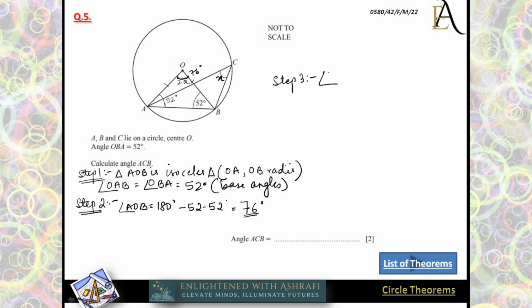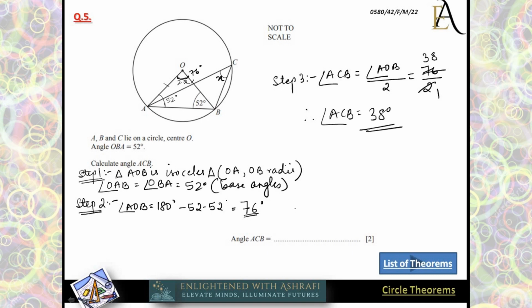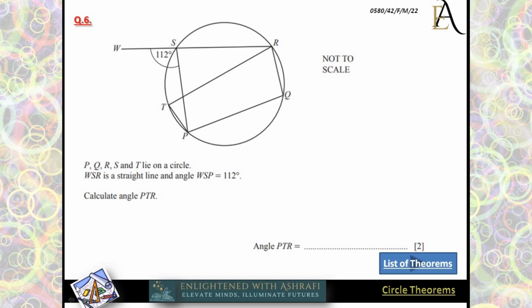So angle ACB is equal to, because it is going to be half of AOB, angle AOB divided by 2, which is 76 divided by 2. 2 1s are 2, 2 3s are 6, 2 8s are 16. Therefore angle ACB is equal to 38 degrees. I hope all the theorems are clear. Yes, finally the last question.